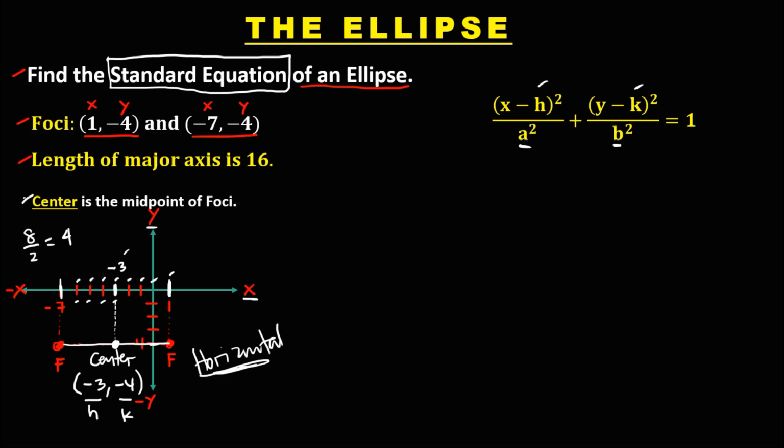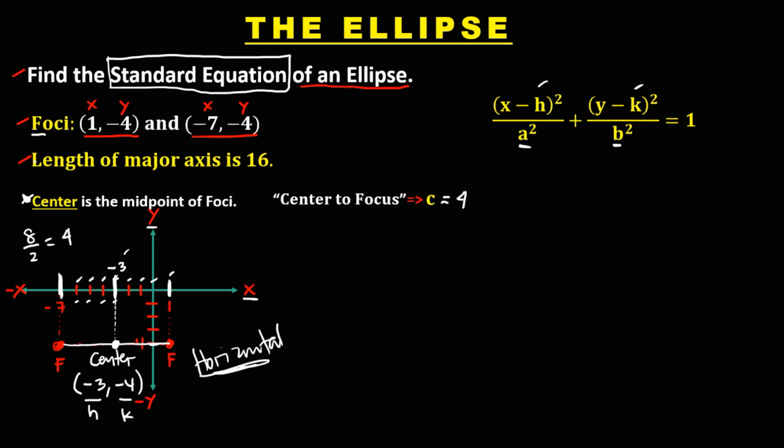Then to find a and b from the given, we start from the center to the foci. Since center to focus is c, to find the value for c, this is the center and this is the focus. Using the counting method, we have 1, 2, 3, 4. Therefore, c is equal to 4.